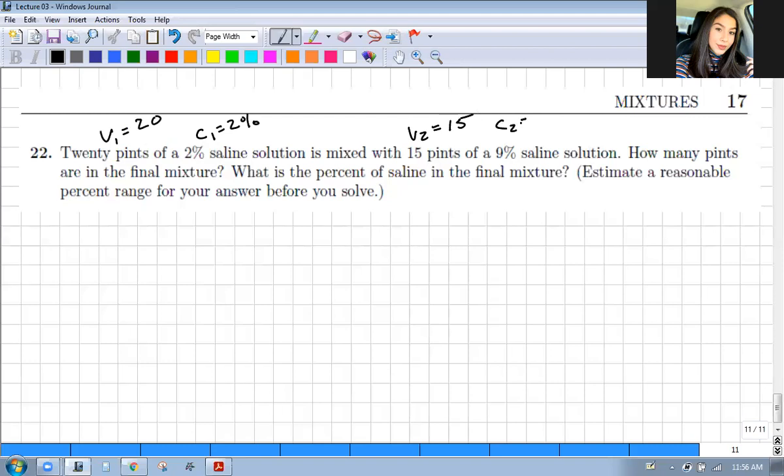What's our C2? That would be your 9% saline. It's all about the saline. So how many pints are in the final mixture? That's our V3, right? V1 plus V2, which gives us 35.